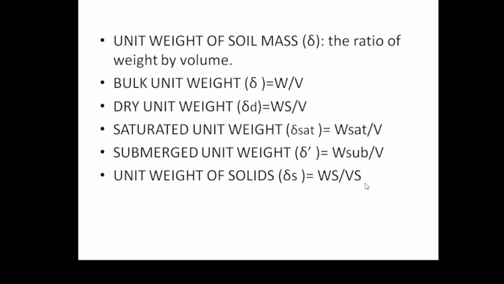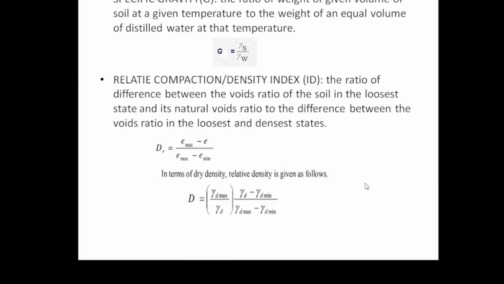So again I repeat, the difference between density and unit weight is, in density we take mass by volume, it is denoted by the letter rho, and in unit weight we express weight by volume and it is denoted by the letter gamma.